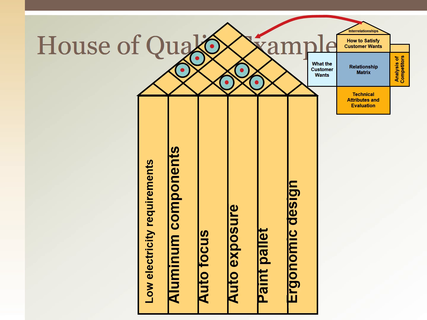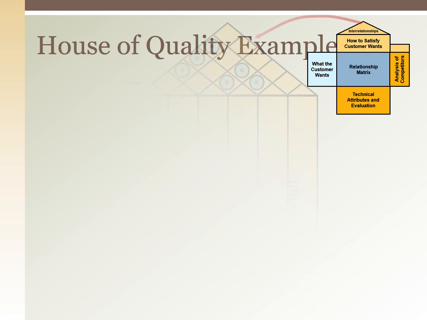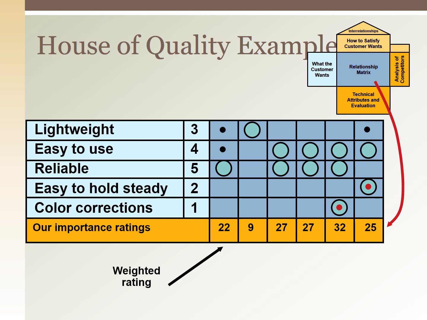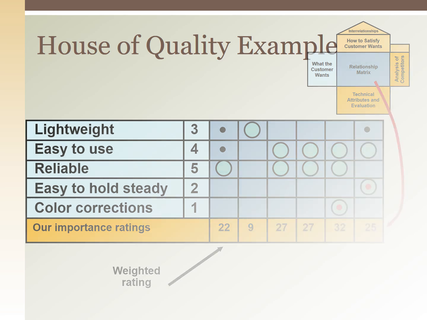So you put that in the top up there, and you can see there's the relationships between the things that we can do and the weighted factor in the matrix so that we have an importance rating. So the most important thing is number 32. Color correction and easy to use and reliable.